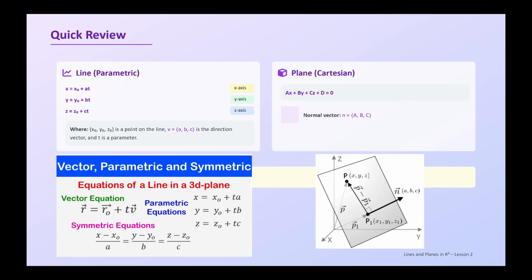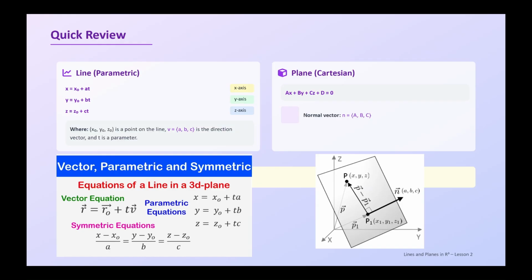So before we start, let's do a quick review. A line in parametric form looks like x equals x naught plus at, y equals y naught plus bt, z equals z naught plus ct.